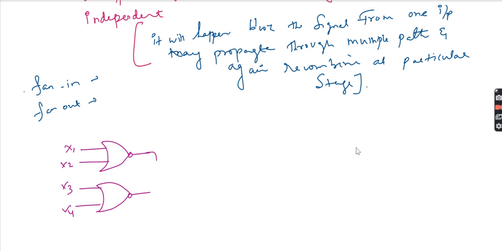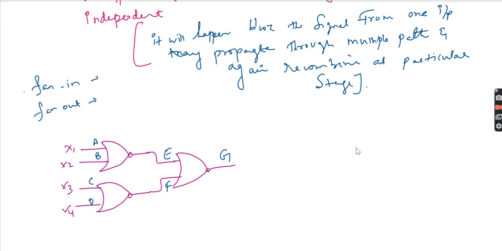Again this output we are connecting to one more NOR gate. This is what we said: the signal from one input may propagate through multiple paths and recombine and produce the output stage. So I will say this will be your A, this is B, this is C, this is D, this will be E, this will be F, this will be your G.